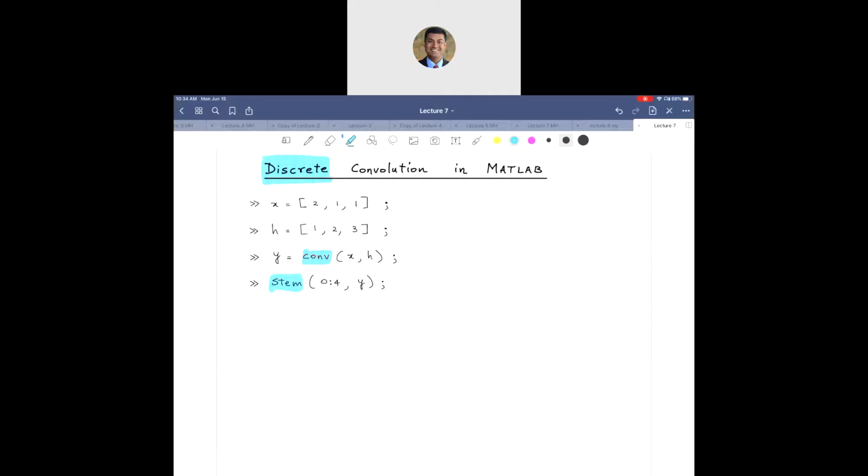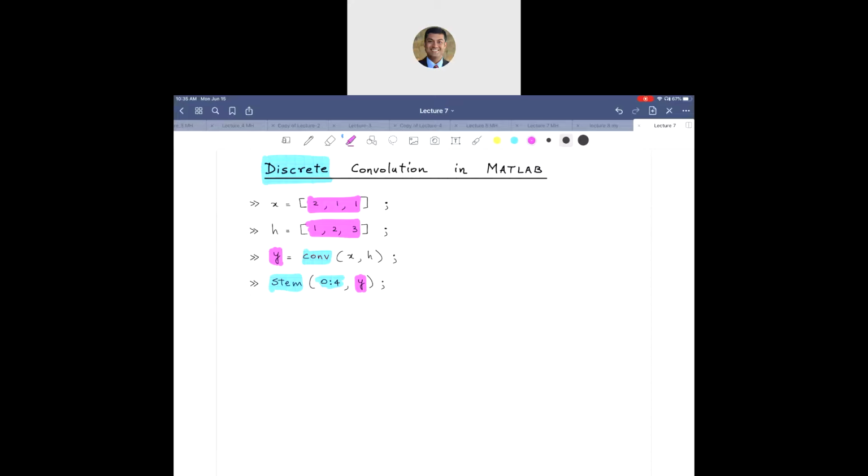The time axis is defined over here as 0 to 4, 5 elements, because 3 plus 3 minus 1 gives you 5. So 0 to 4 will take care of the 5 elements. And then you are sketching y on the y-axis.